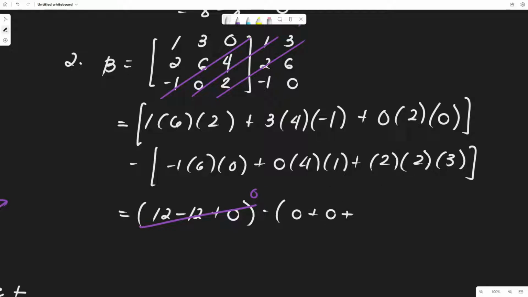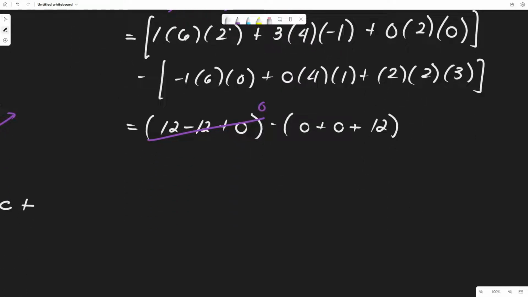Then we have 2 times 2 times 3, which is 12. So 0 plus 12 is 12, then times negative 1 because of the minus sign here. So our determinant is negative 12.